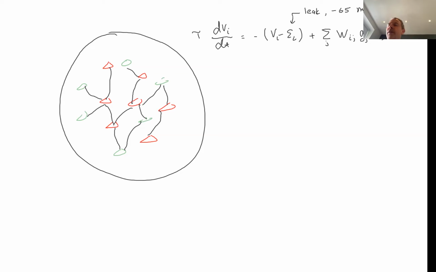You guys have had biophysics before, but just to be totally clear, since I'm guessing you don't remember everything that you've been told: Gj of t, remember, is just a little blip. These are spike times on neuron j.